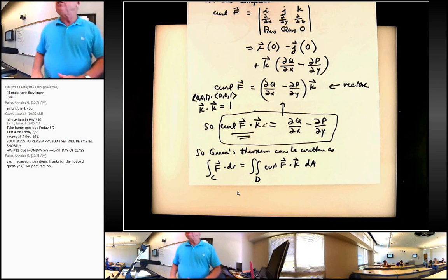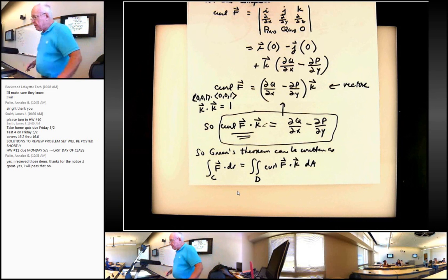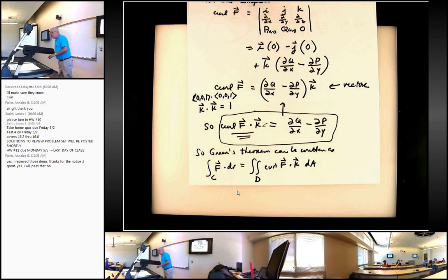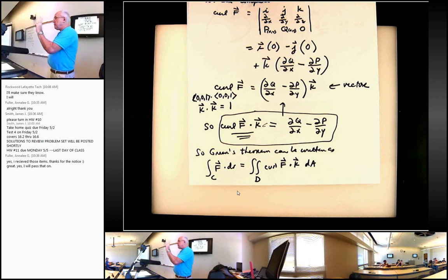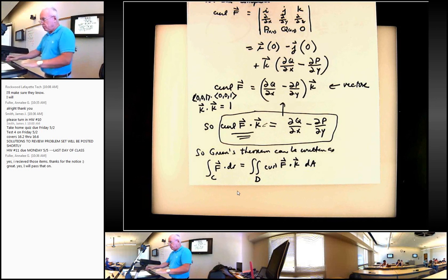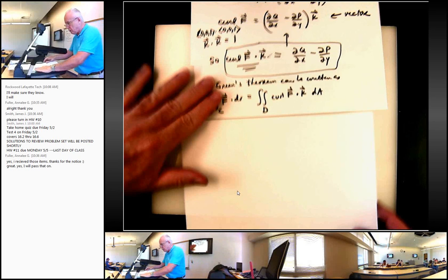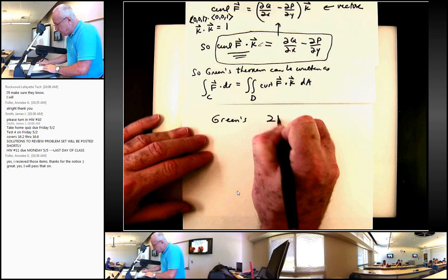One reason I'm mentioning this is that there's something we're not going to get to, but I want to at least mention it today. It's called Stokes' theorem. Green's theorem involves two dimensions. Green's theorem is 2D, all right? Stokes' theorem is three-dimensional. So Green's is 2D.